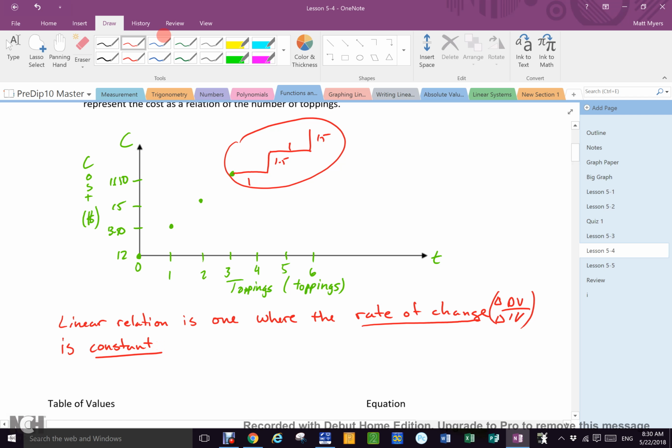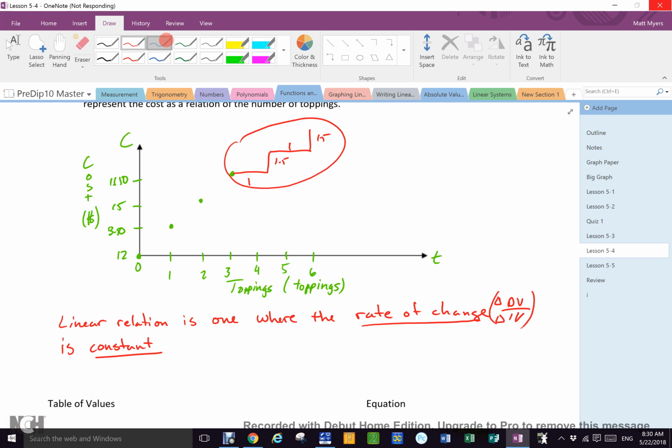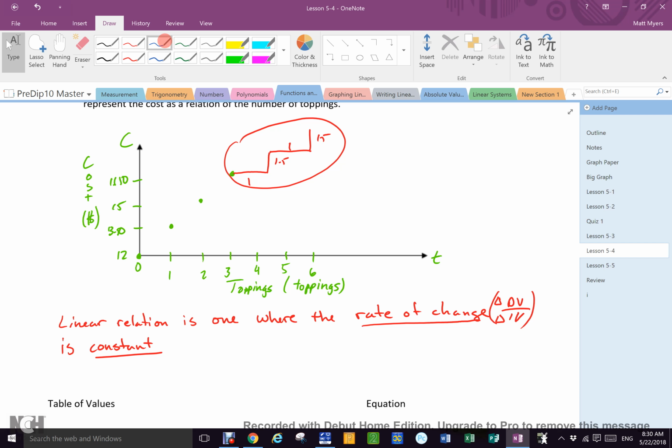Okay, now, I'm going to write something in a different color because it's very important and people screw this up. What word do you see in the beginning of the word linear? Line. So every kid thinks that a linear relation must have a line. Must it?